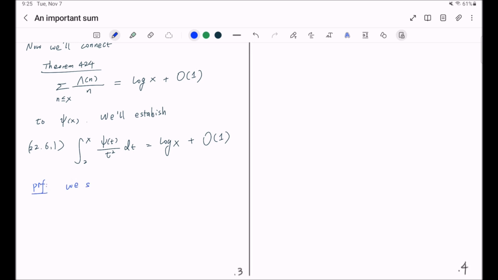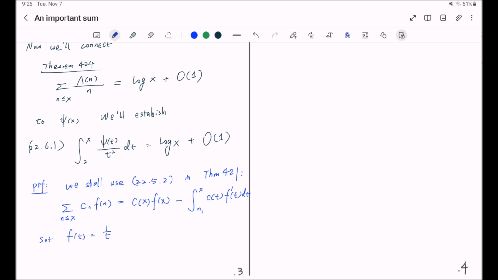Specifically, we're going to use the formula 22.5.2 in theorem 421, which says... To use this formula, we'll set f of t equal to 1 over t, c sub n equal to lambda of n. c of x as a result will be the summation of lambda of n for n less than or equal to x, which is simply psi of x.